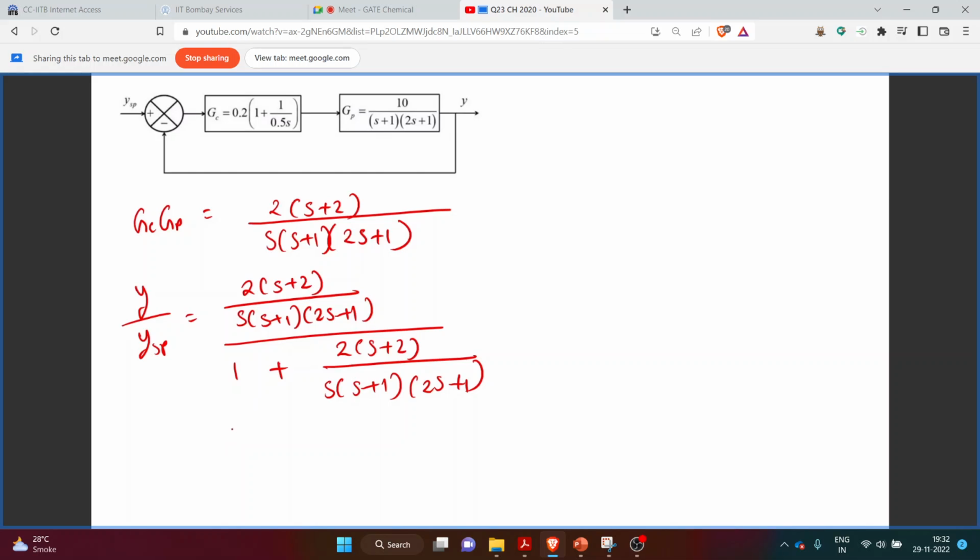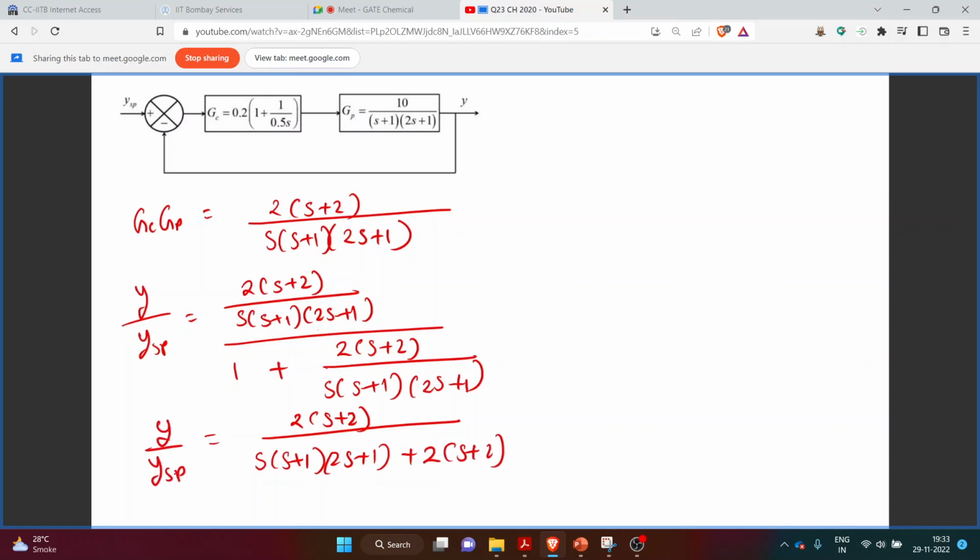Now we can further simplify this as 2s plus 2 upon this entire term, and if we simplify the denominator, this will get cancelled out and we will be having s plus 1 into 2s plus 1 plus 2s plus 2. So this is the transfer function. Since we have to find the ultimate value of the system, we don't need to simplify or open this bracket any further.